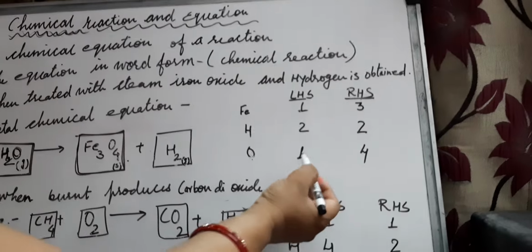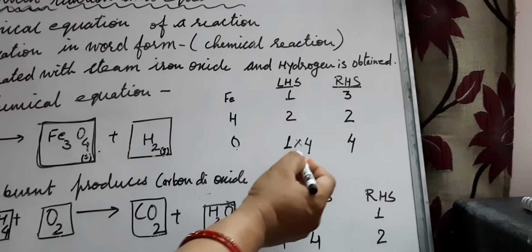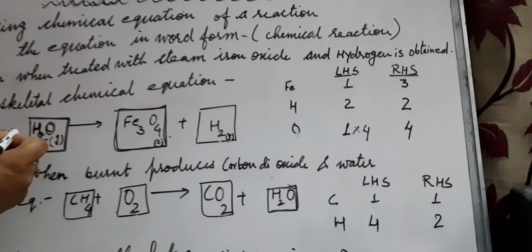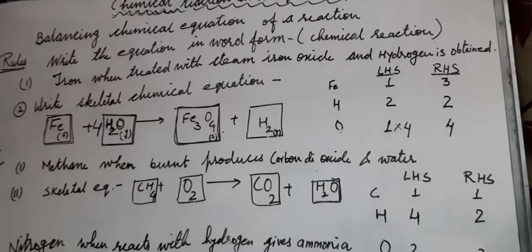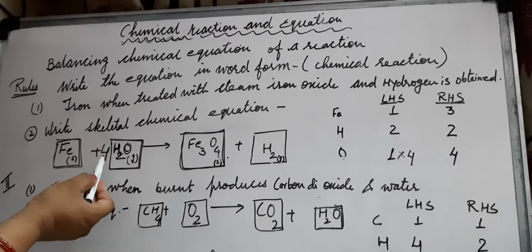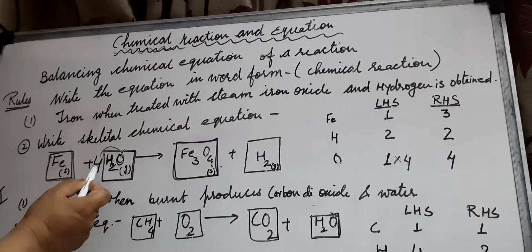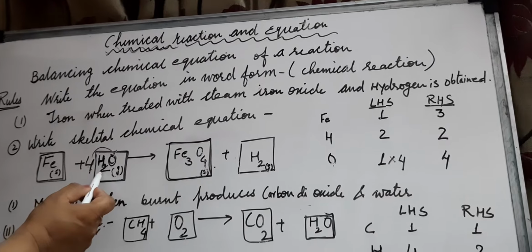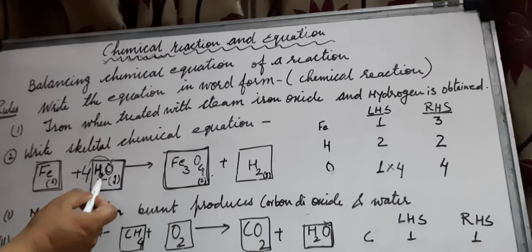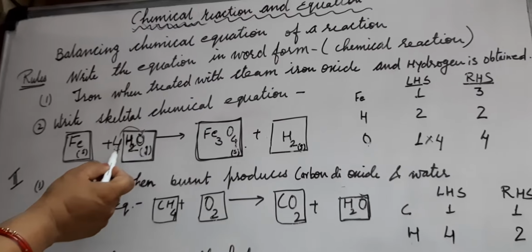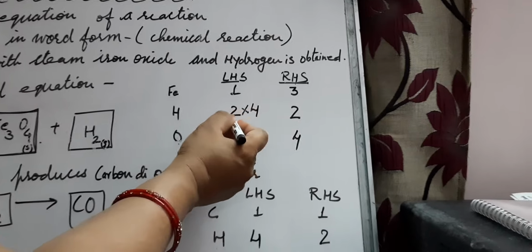By multiplying the LHS by 4. By introducing this 4, oxygen becomes 4, but hydrogen becomes 8, because that number gets multiplied with hydrogen also. So hydrogen on the LHS is becoming 8.